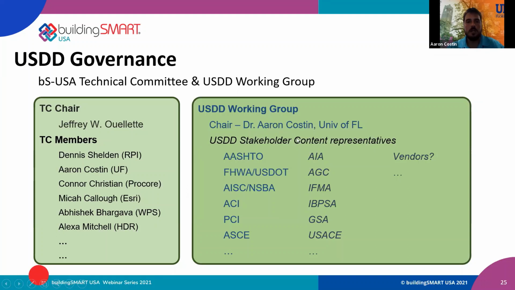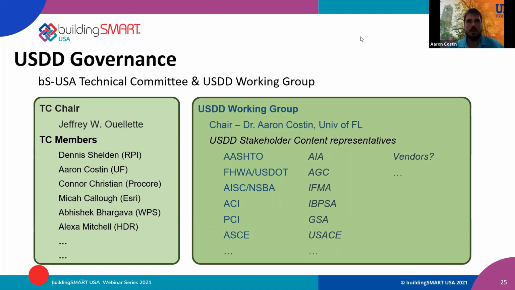And right now, we're looking to have contact representatives, a full funnel working with AASHTO, FHWA, and DOTs. We're already involved with AISC, the Steel Committee, and then the National Steel Bridge Alliance, as well as ACI and PCI. So we have stakeholders to provide content, and we're trying to find more.